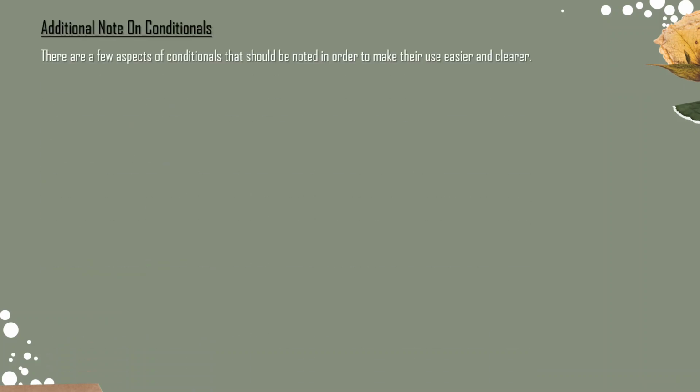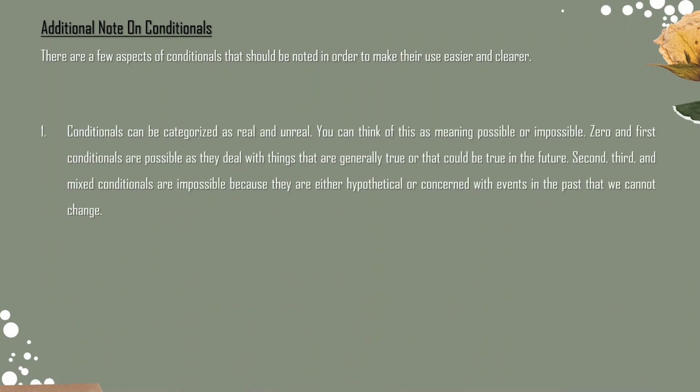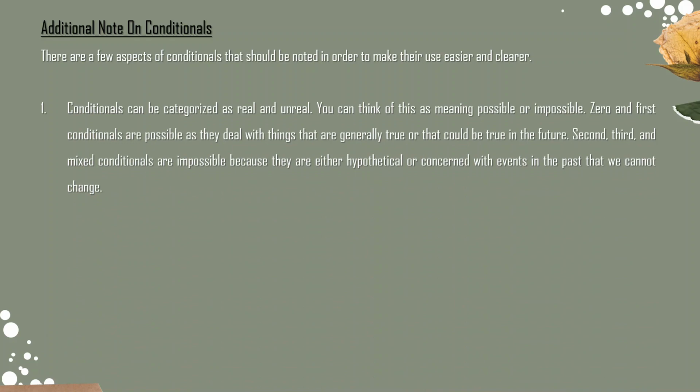So guys, in here, I have additional notes on conditionals. There are a few aspects of conditionals that should be noted in order to make their use easier and clearer. The first one is conditionals can be categorized as real and unreal. You can think of this as meaning possible or impossible.